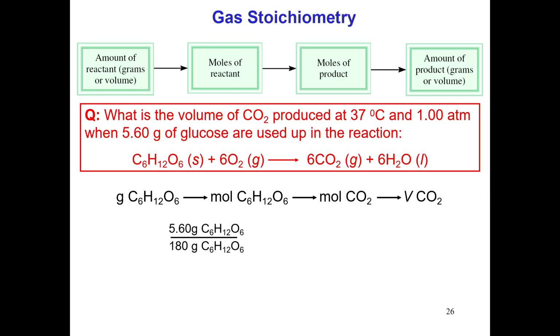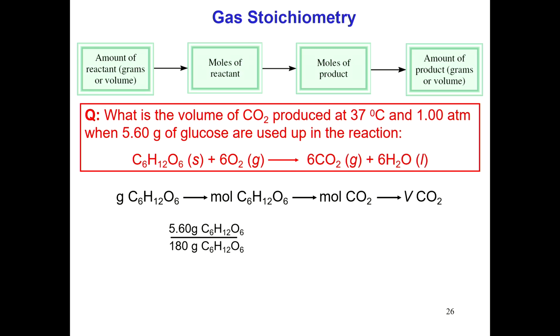So basically, for the calculations of gas, we always use this equation, PV equals nRT, right? If we need to calculate the volume, we just use volume equals nRT divided by pressure.